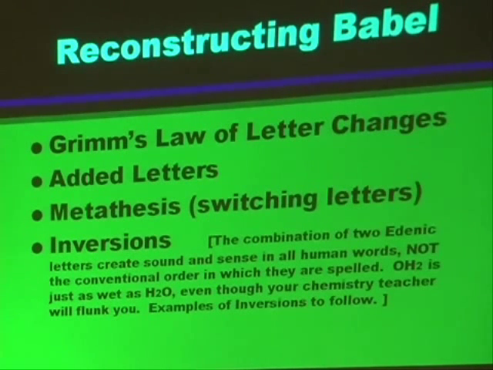Inversions. As he points out over here, the combination of two Adenic letters creates sound and sense in all human words, but not the conventional order in which they are spelled. So you may have things that are completely switched around than they first appear in the original language.